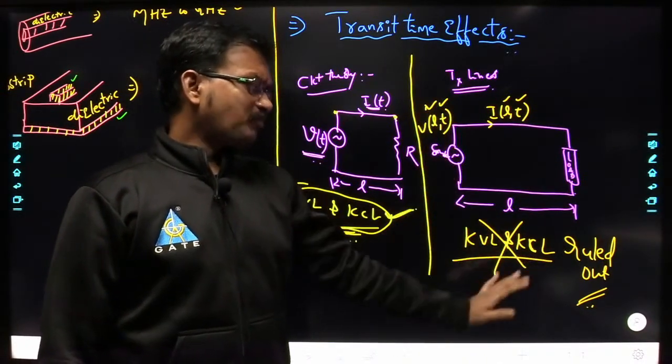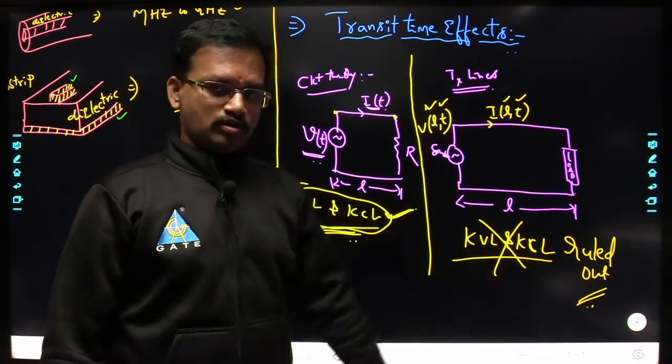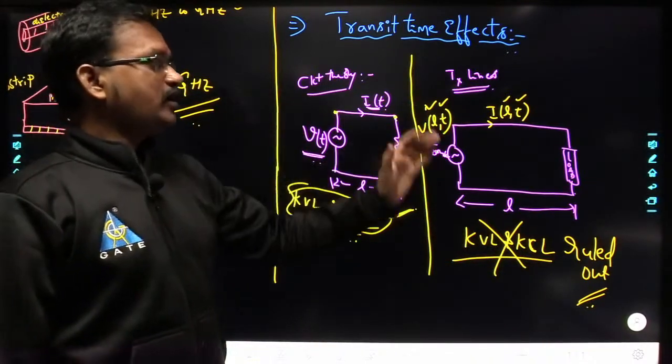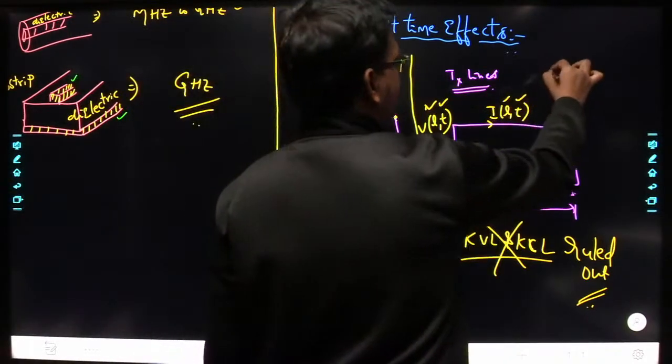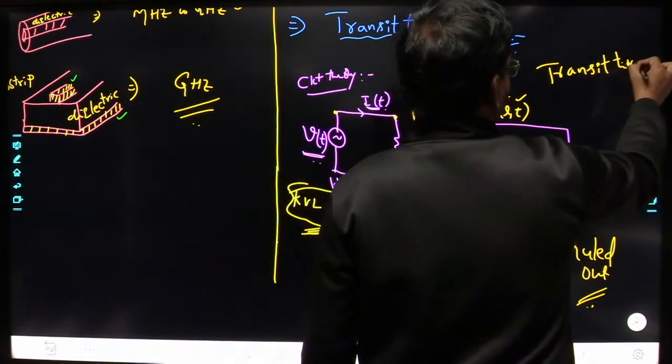So why are all these differences happening between circuit theory and transmission lines? This is because of transit time effects.